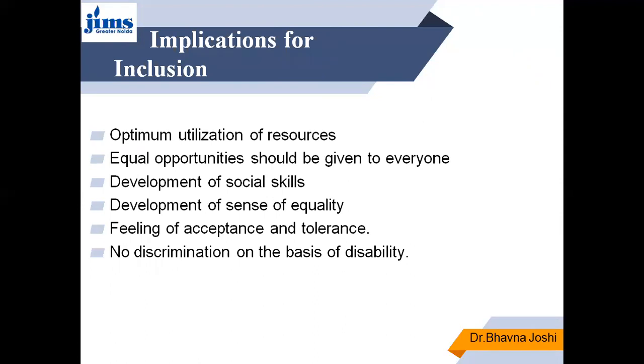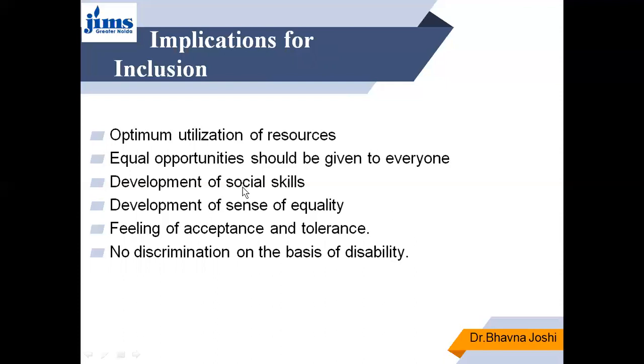Then equal opportunities should be given to everyone, irrespective of which region, religion, caste, color, creed, language the person is coming from. Equal opportunities should be given, no matter if there is any physical problem in the child, or he is having some difficulty related to the vision or hearing. Equal opportunities should be given to everyone.